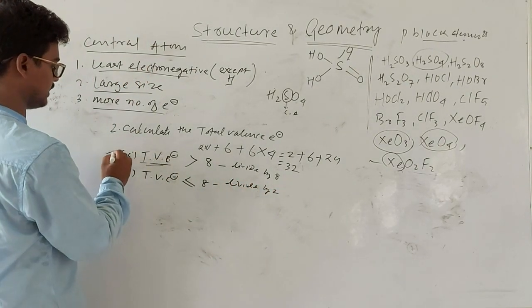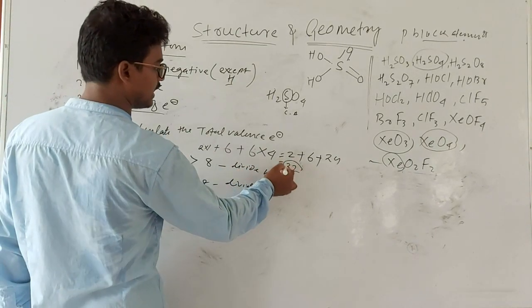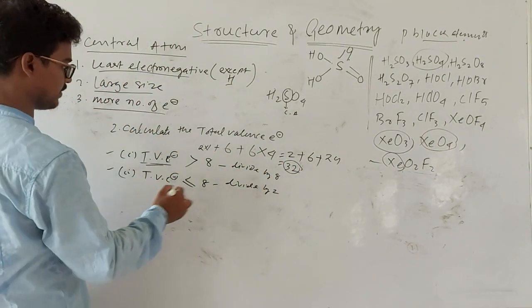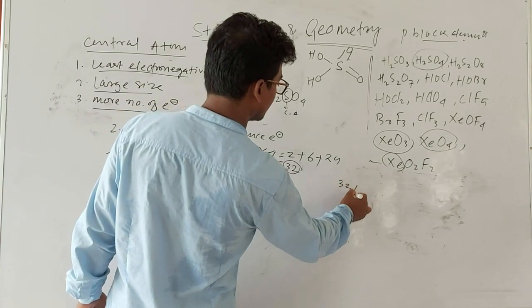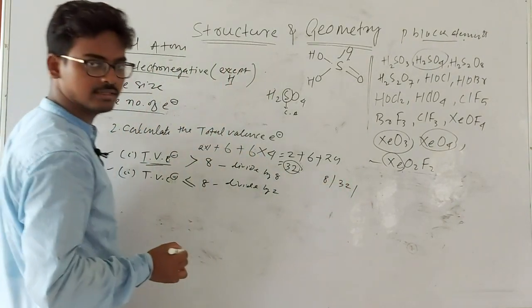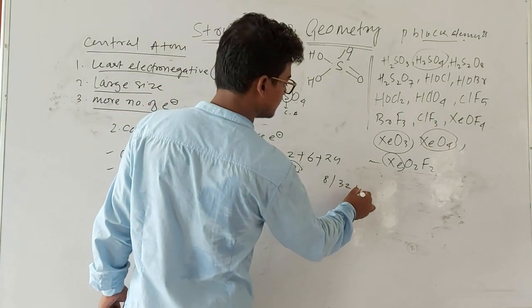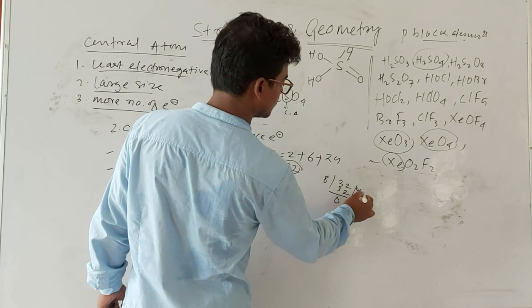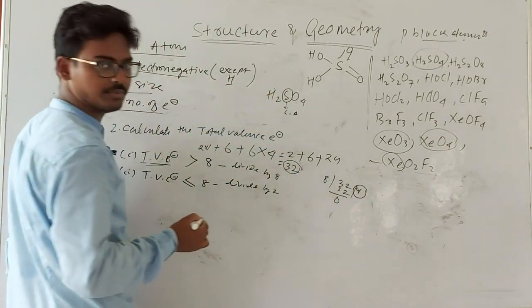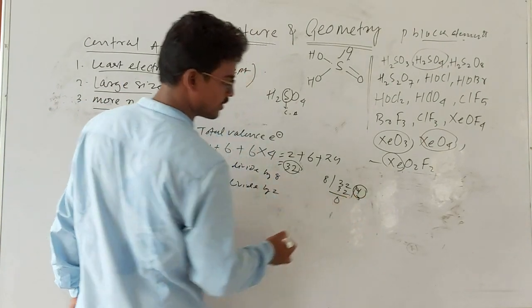Remember this trick. So here 32 is greater than 8, therefore I will divide 32 by 8. 8 into 4 is 32. So the value that comes is 4.